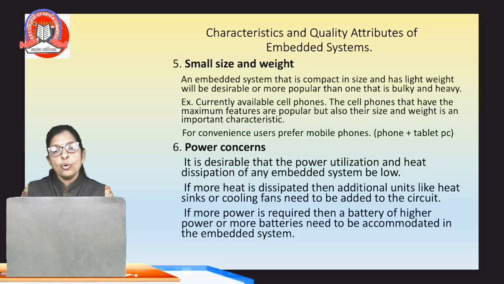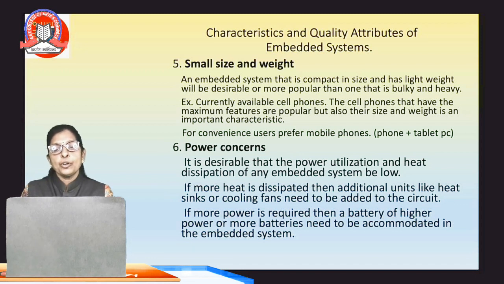If more heat is dissipated, then additional units like heat sinks or cooling fans need to be added to the circuit. If more power is required, then a battery of higher power, or more batteries, need to be accommodated in the embedded system. So that is all about the characteristics and quality attributes of embedded systems.